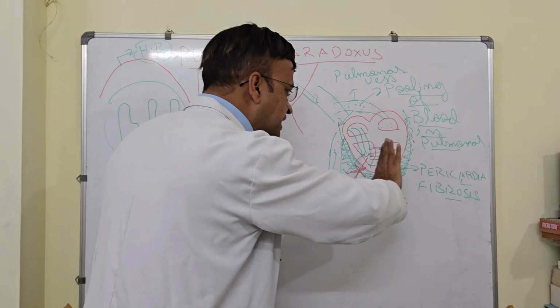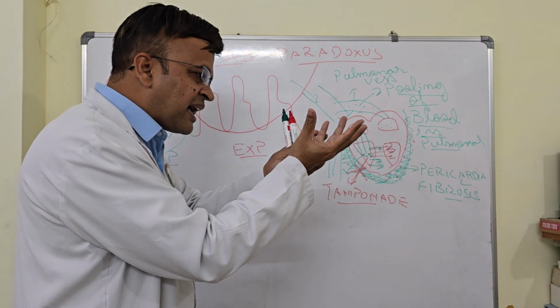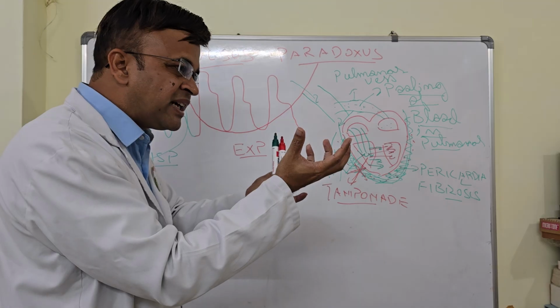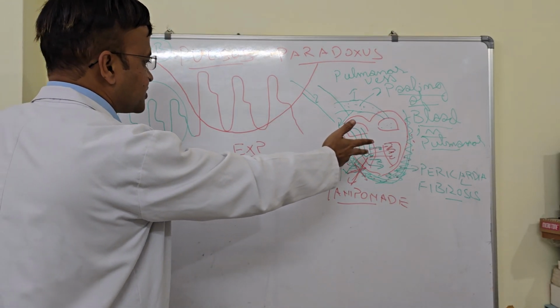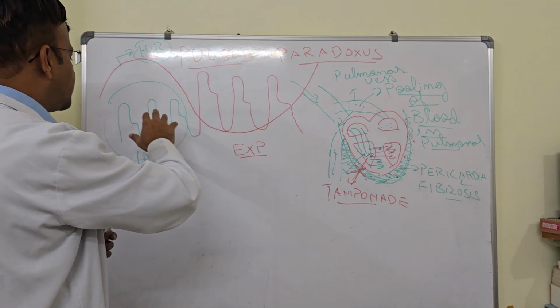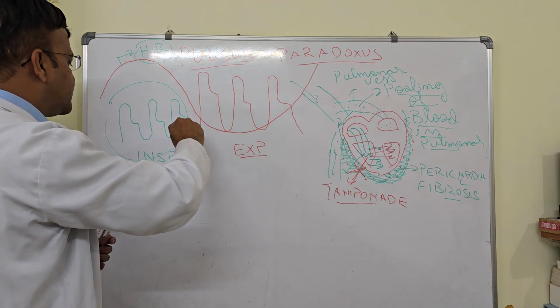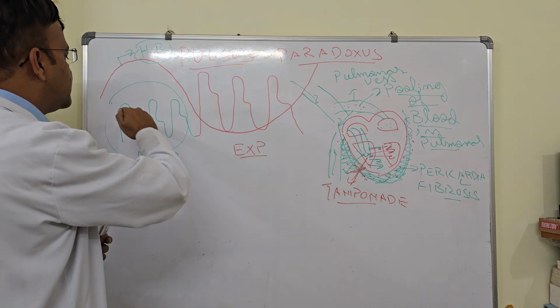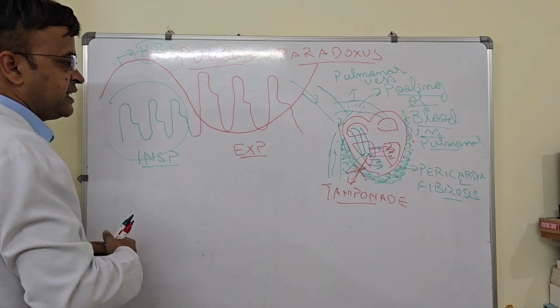Since the whole force of expansion is on left ventricle, the left ventricle will expand even less. So even less forceful contraction, right? So in pulsus paradoxus, the pulse will be even smaller during inspiration. In some severe cases, during inspiration the pulse can't even be detected.